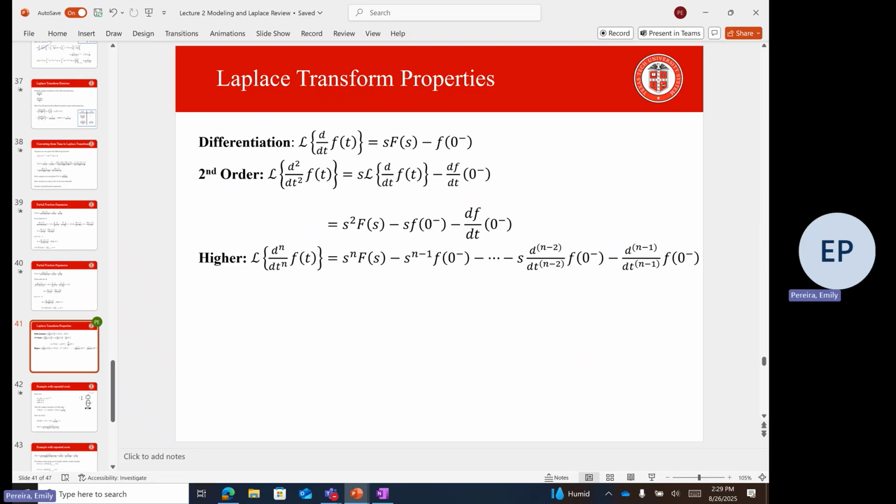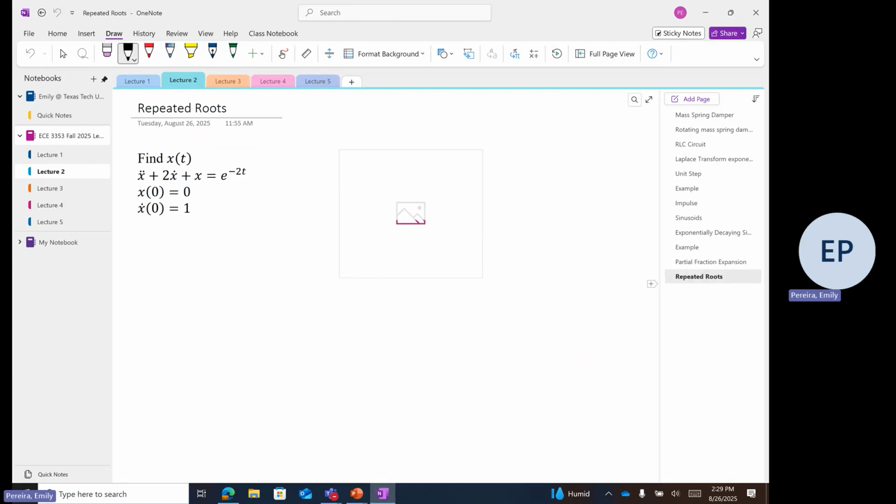All right, so let's go now to our final example in lecture 2, and then we'll move on to lecture 3. Okay, so the question asks us to find the solution to this differential equation, our solution being the position of this mass in the mass spring damper.